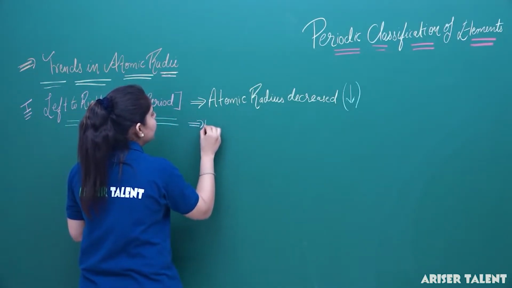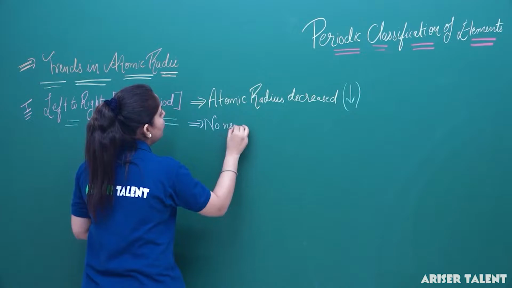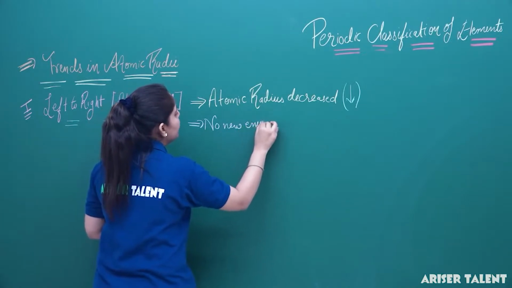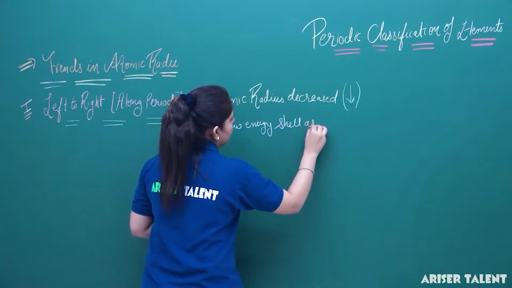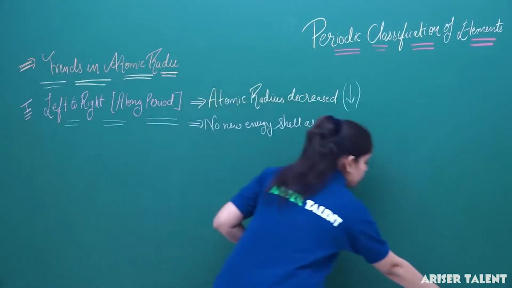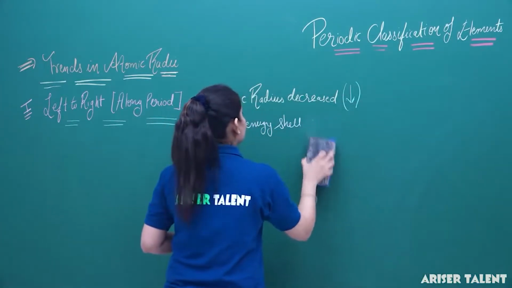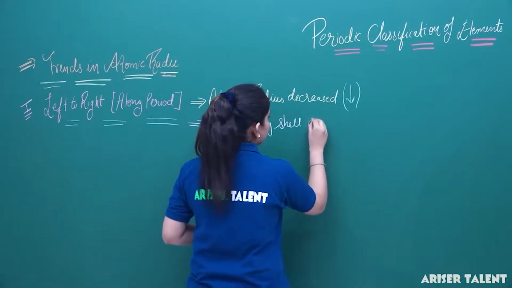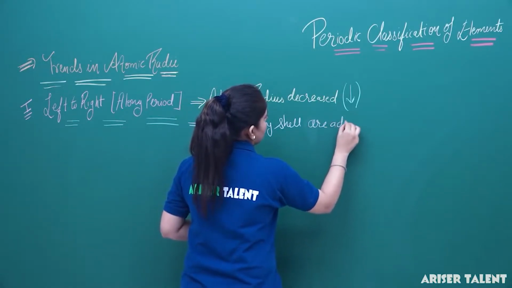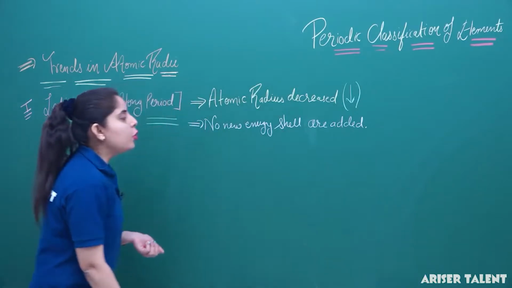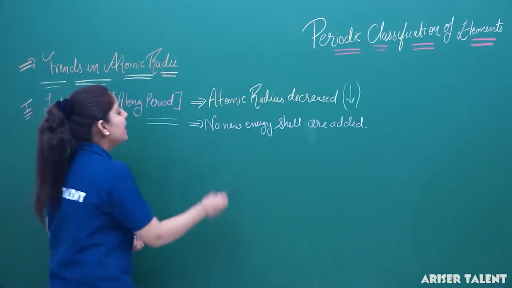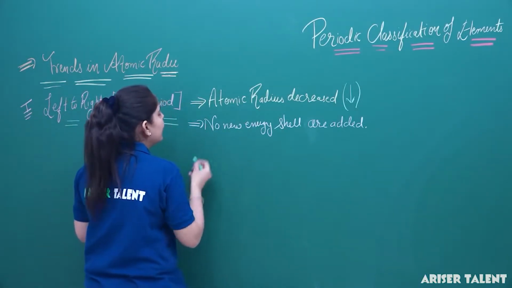Firstly, this is the reason: no new energy shells are added. Secondly, if no new energy shells are added, there is an increase in the effective nuclear charge.